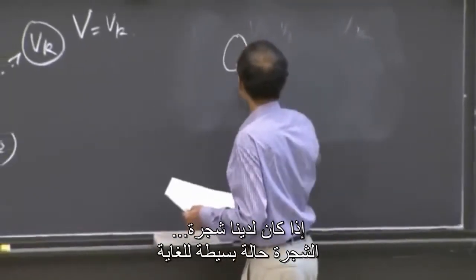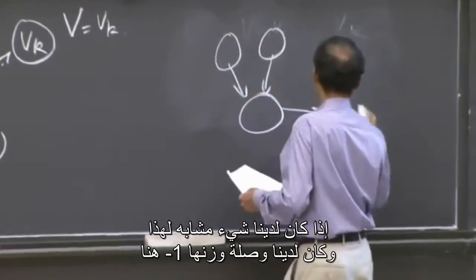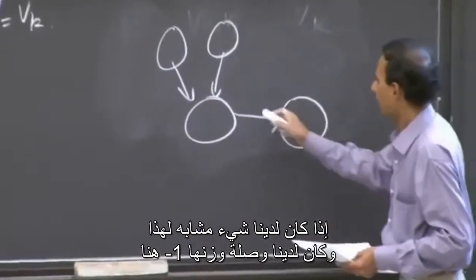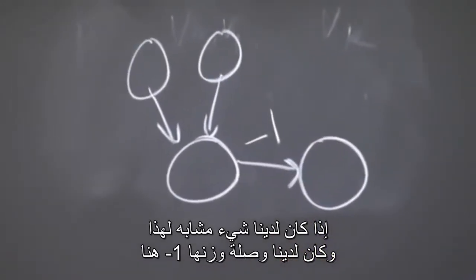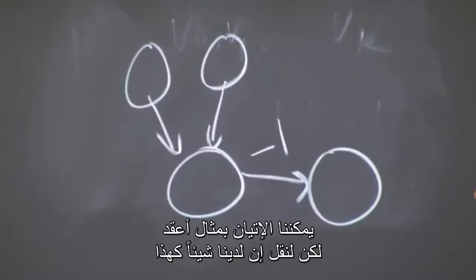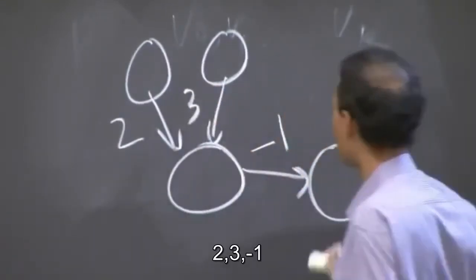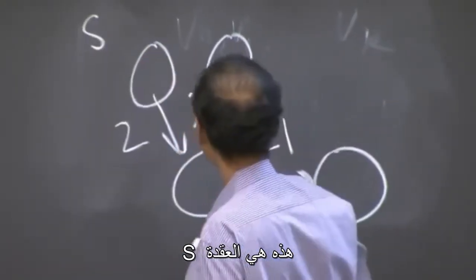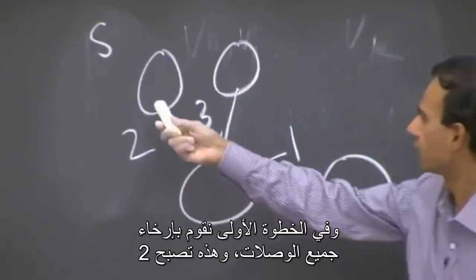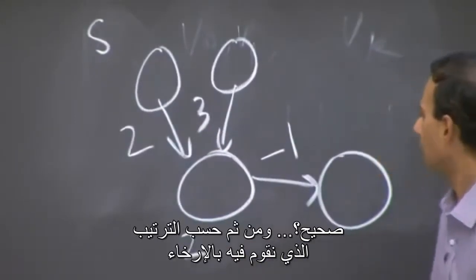Well, if you have a tree, I mean, a tree is a really simple case, but if you had something like this, and if you did have a -1 edge here, right? We'll do a more complicated example, but let's say you had something like this, 2, 3, -1. Then what would happen is if this happens to be your S vertex, and in the first step, you relax all the edges, and this one would get 2, right?